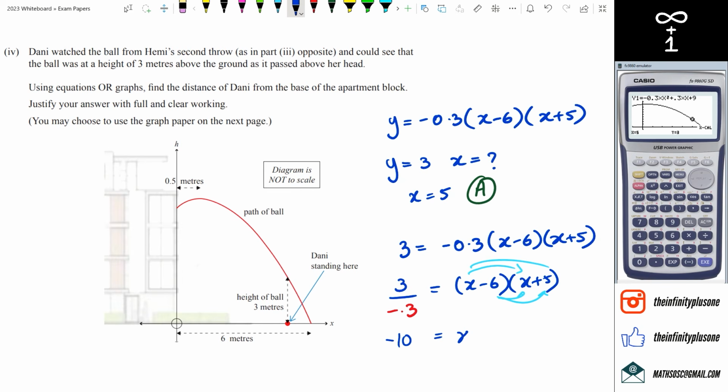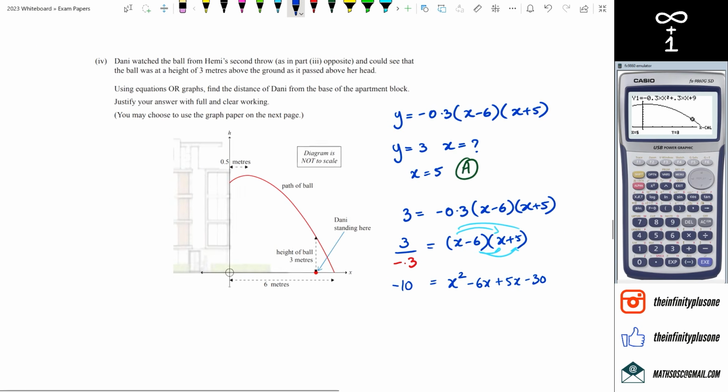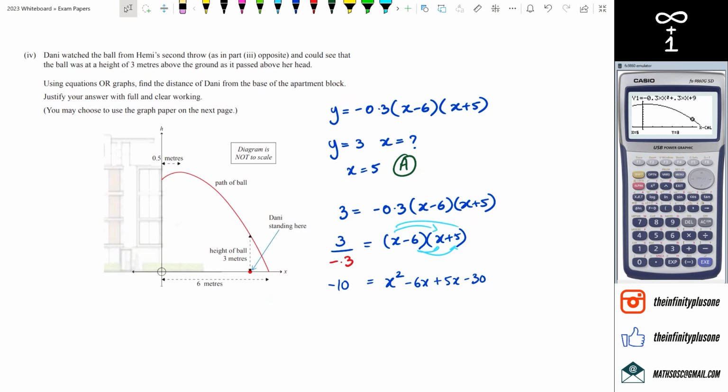When we expand it, we're going to get x squared minus 6x plus 5x minus 30. And if I carry on, I'm going to get 0 is equal to x squared minus x minus 30 plus 10.